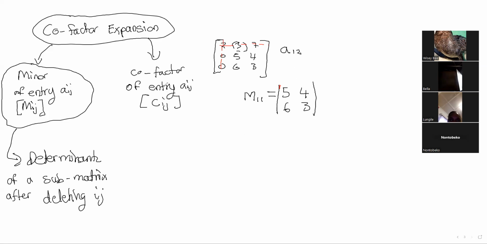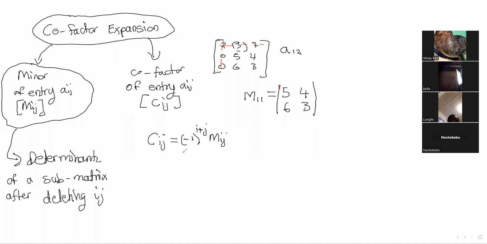And then a cofactor: if you know how to find a minor, then Cij is equal to negative 1 to the power i plus j, times Mij.